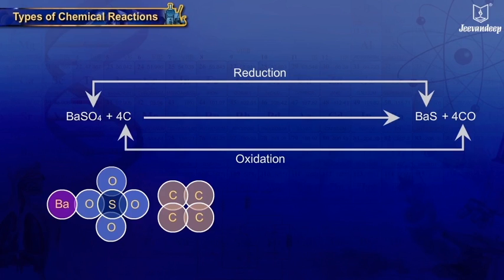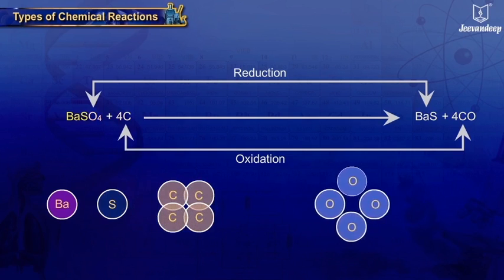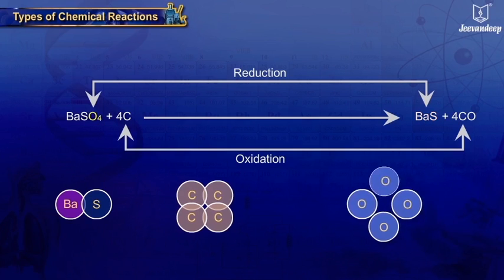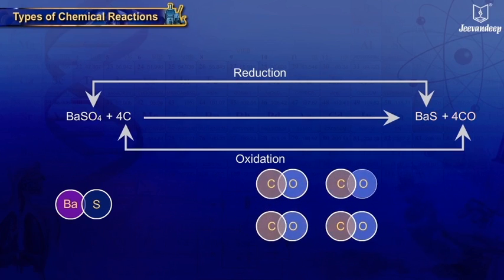In the first equation, oxygen is removed from barium sulfate, reducing it to barium sulfide, and the removed oxygen adds to carbon, oxidizing it to carbon monoxide.